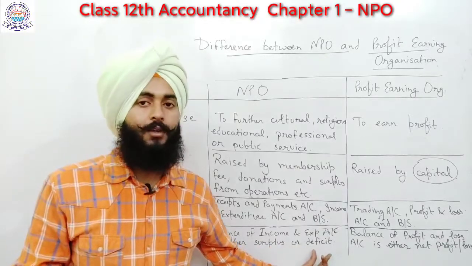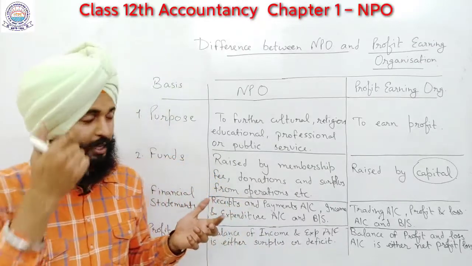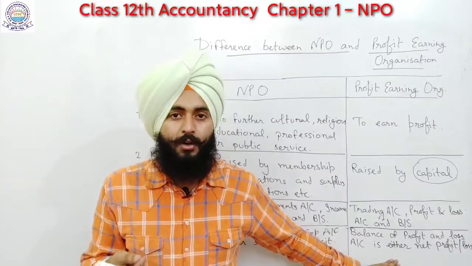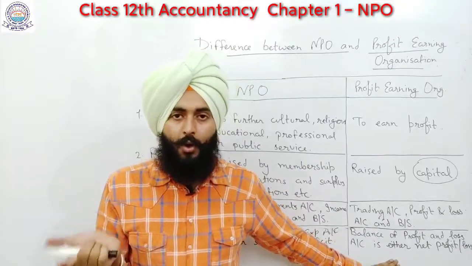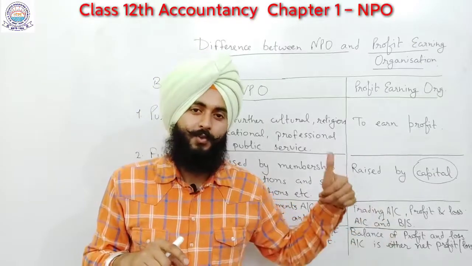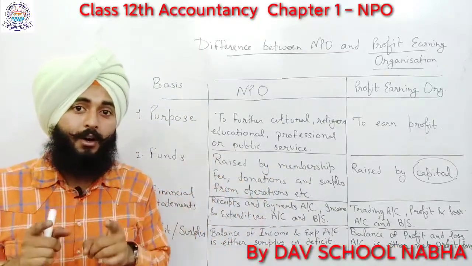On the other side we will have deficit, घाटा जिसको बोलते हैं हिंदी में. On the other side, in the balance of profit and loss account, we can have net profit or net loss. We have already seen this in +1. So this is the difference between these two. Now note it down on your notebooks.